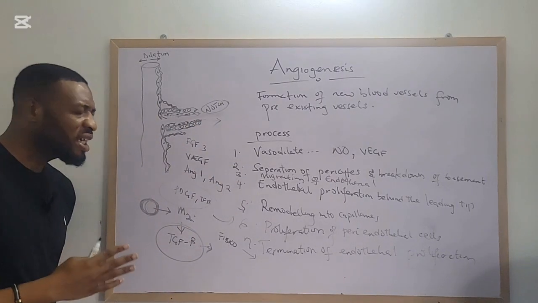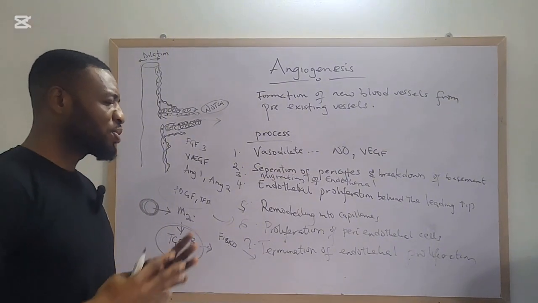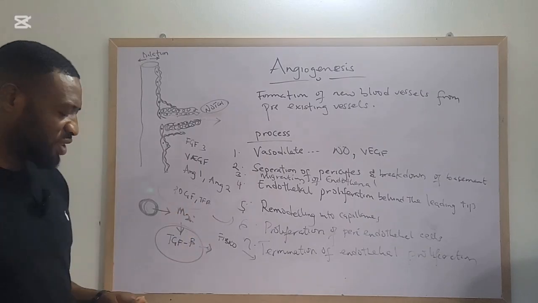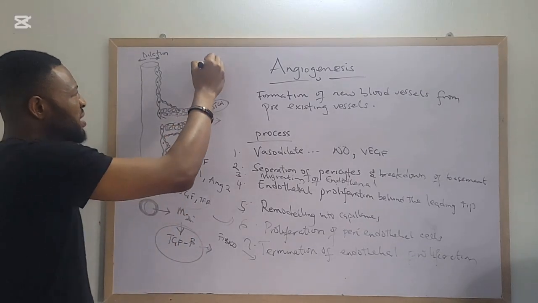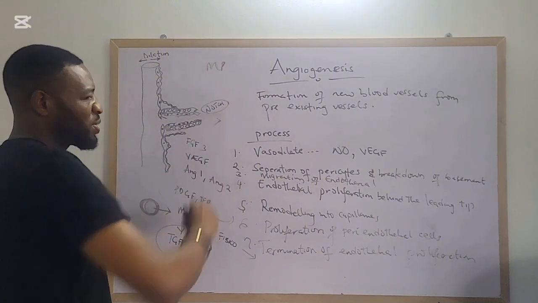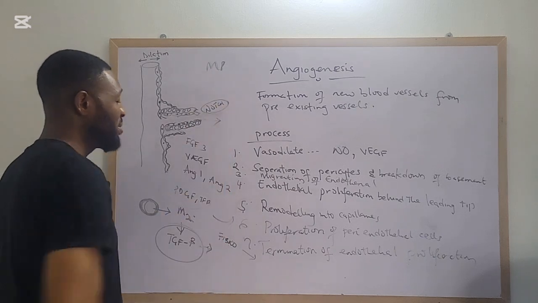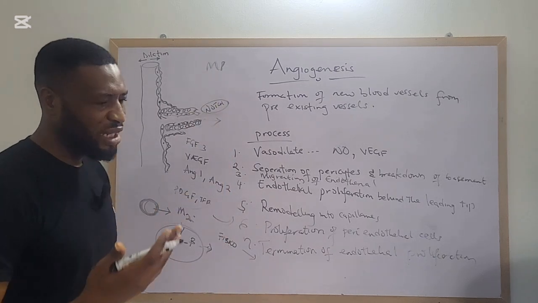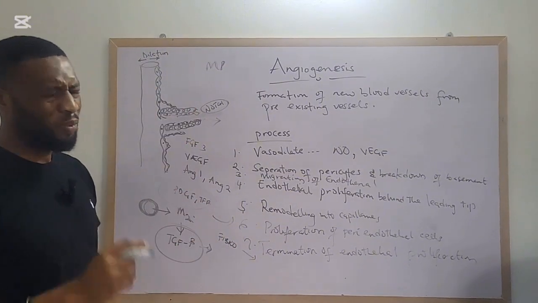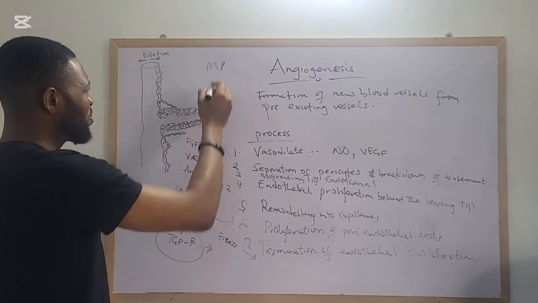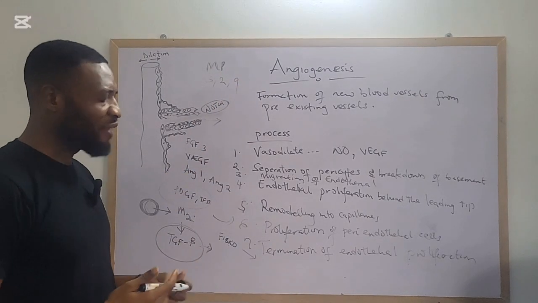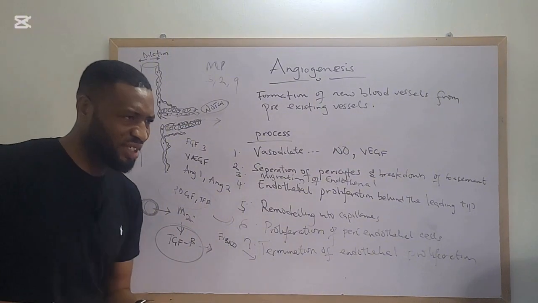Remodeling is simply a balance between the deposition of connective tissue and the degradation of these connective tissues. And like I said, the metalloproteinases, enzymes that are responsible for the breakdown of extracellular matrix, are called metalloproteinases because they strongly depend on metallic cofactors for their function, particularly zinc. Metalloproteinase 3, metalloproteinase 2, and even metalloproteinase 9 are enzymes that degrade the extracellular matrix.